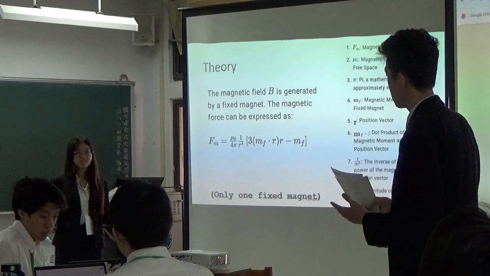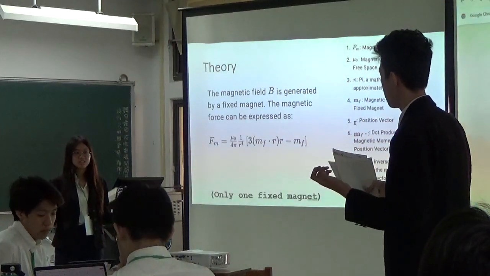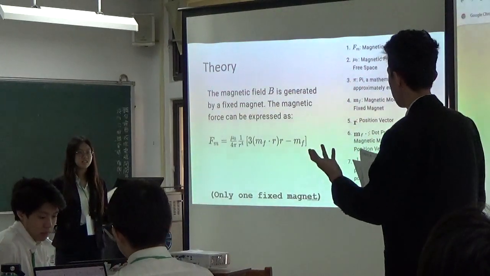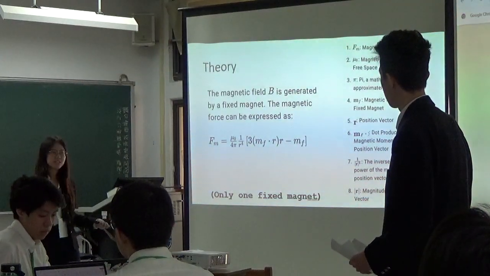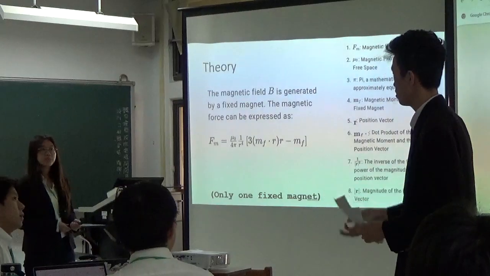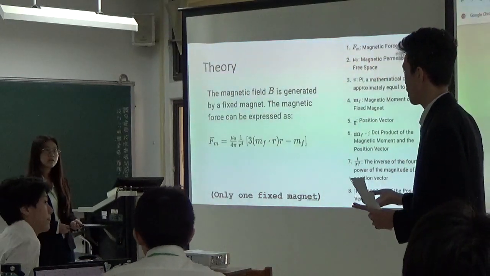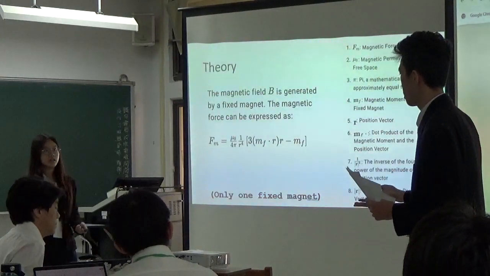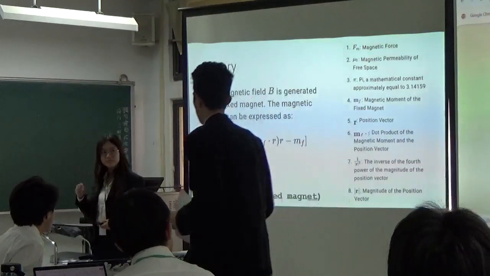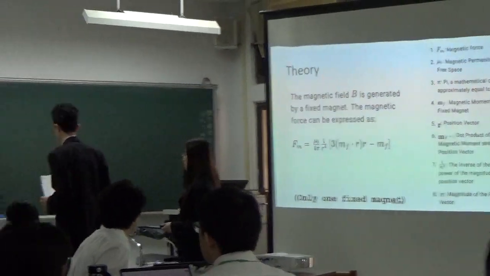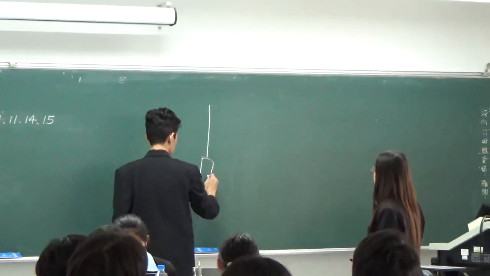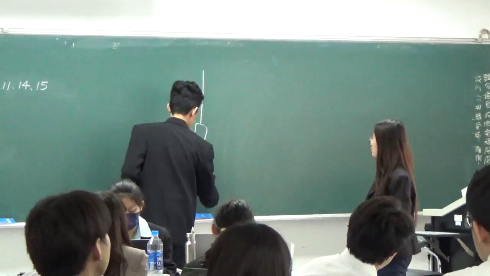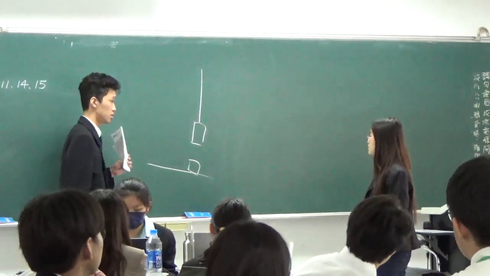Yeah, but the magnetic force is exerted on the swinging pendulum. Is that true? So the magnetic force generated by the magnets on the base. Okay, so this is your setup, right? Yes.